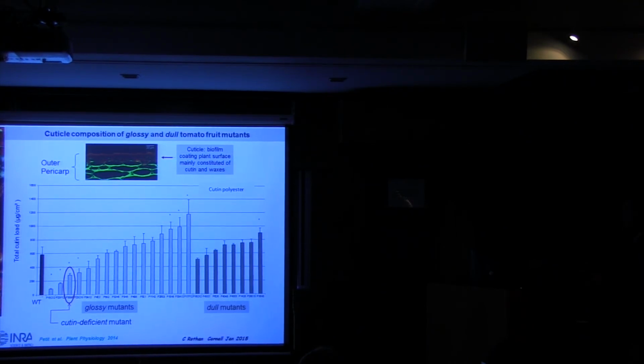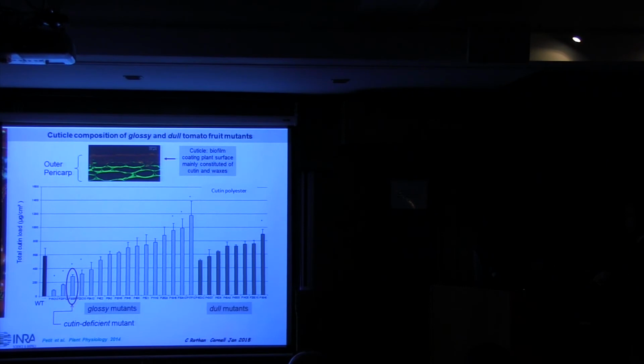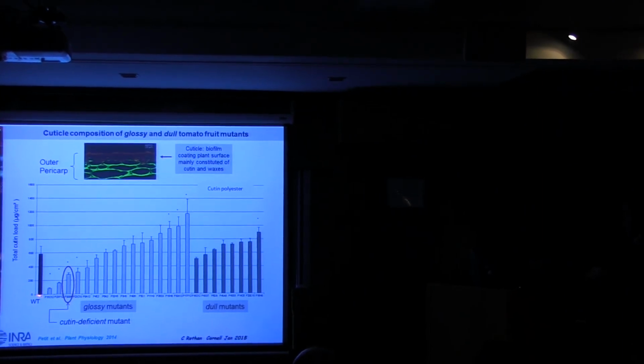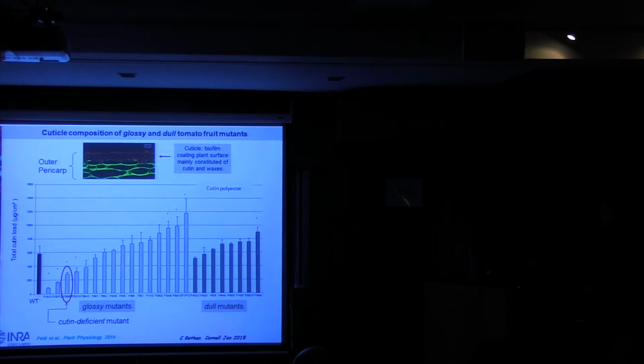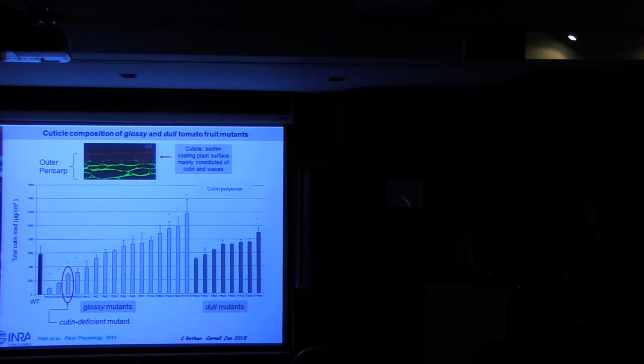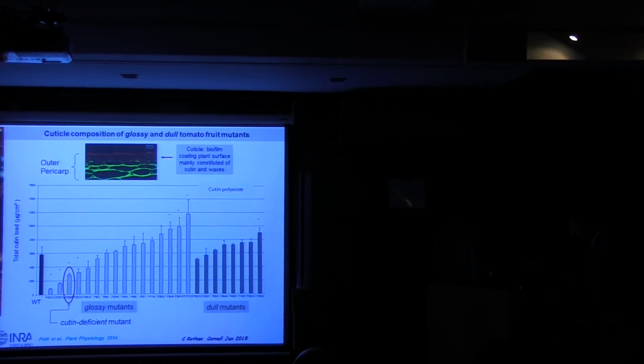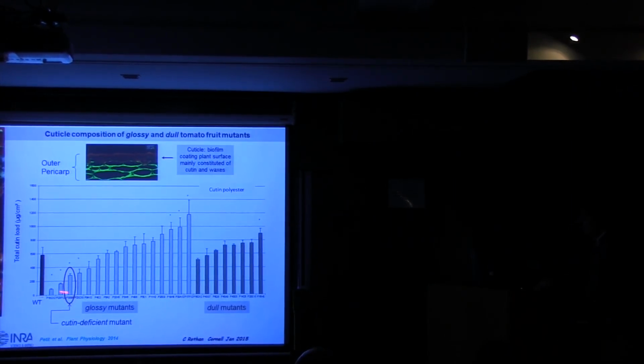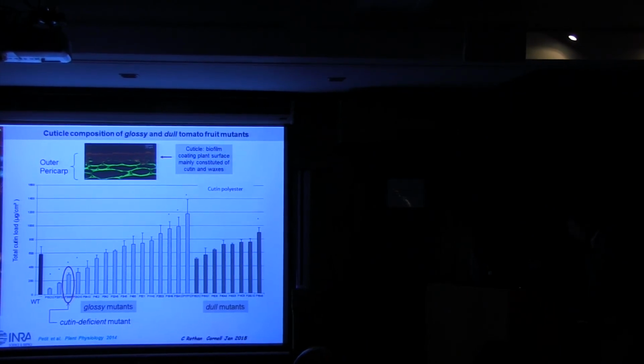One is cutin, the other one waxes with different components, and this is the total cutin load on these different mutants. So you can see that in the glossy mutants we have several cutin deficient mutants. We identified the first one, which actually is a cutin synthase, through map-based cloning. And this one, we wanted to go for this BSA NGS mapping strategy.